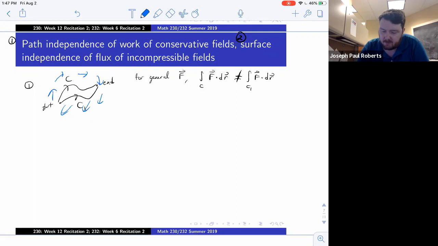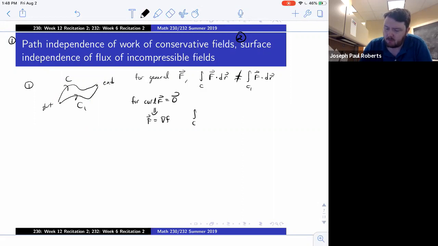So for general F, the path you take affects your answer for F dot dr. But for curl F equals 0, that means that F is the gradient of a scalar function, and that the work on C is equal to the change in the anti-gradient. And that's the same thing for C1.